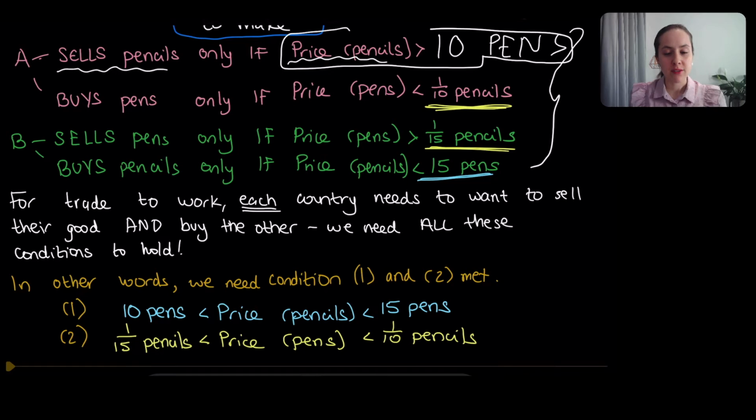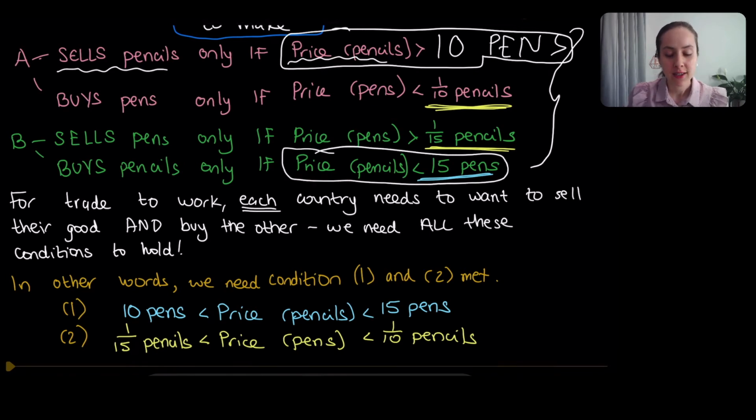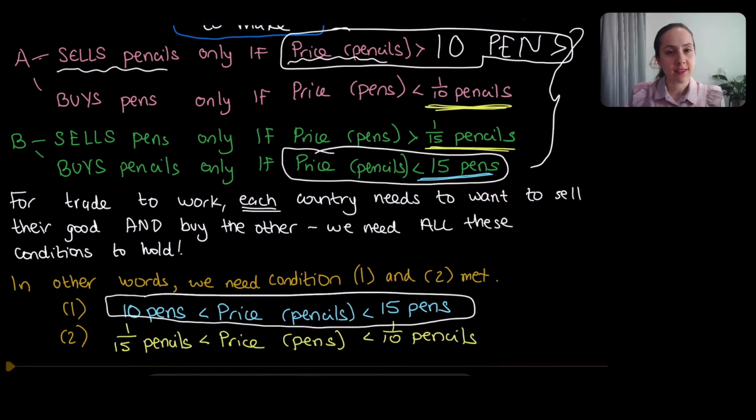So the price of pencils I know needs to be higher than 10 pence. But at the same time, country B needs the price of pencils to be lower than 15 pence. As a result, the price of pencils has to be benefiting both of them, because it's got to be a win-win for them to trade.